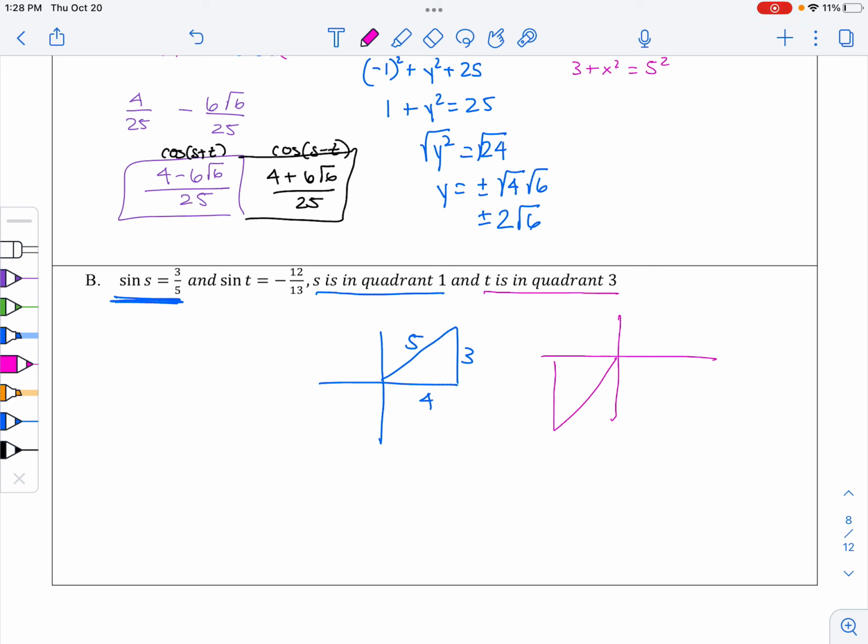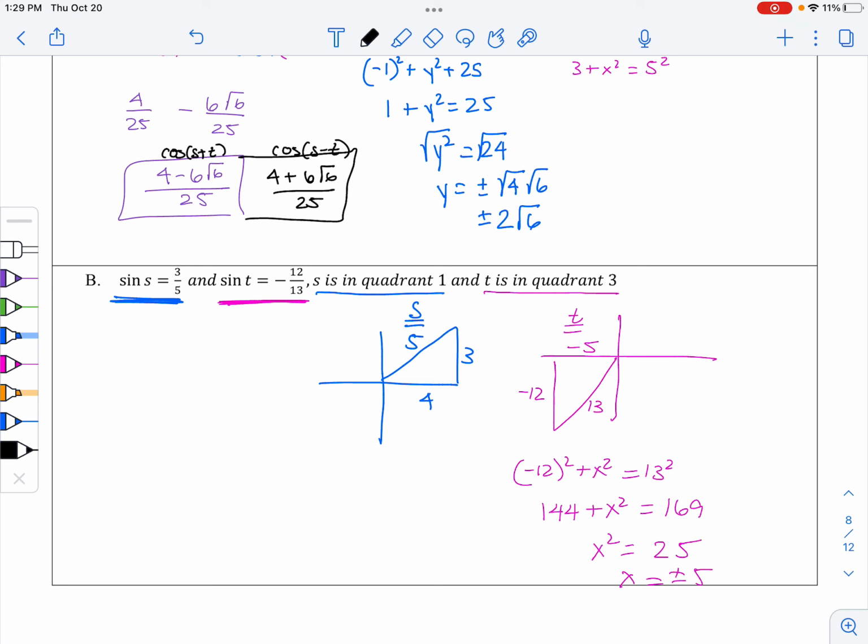They gave me information about angle T, which is in quadrant 3, again an opposite over hypotenuse. Doing Pythagorean theorem, I'd have x equals plus or minus 5. Looking at the direction of this, it would need to be negative 5. So this is my S picture. This is my T picture.